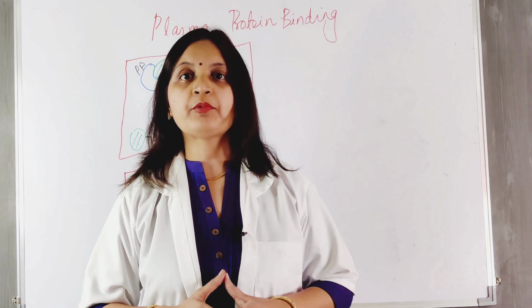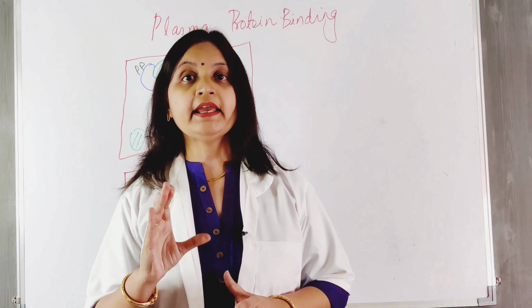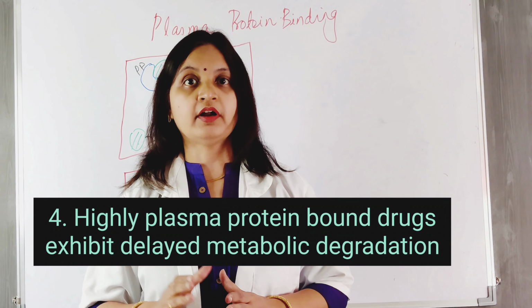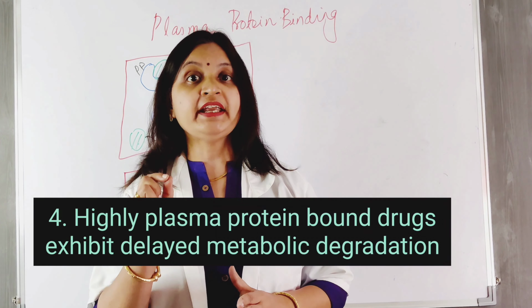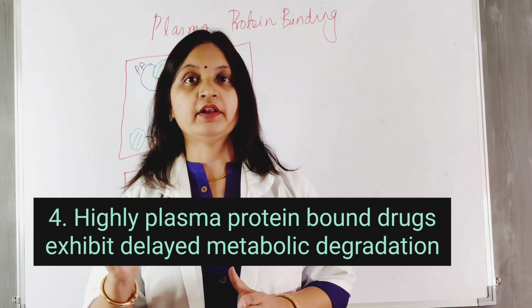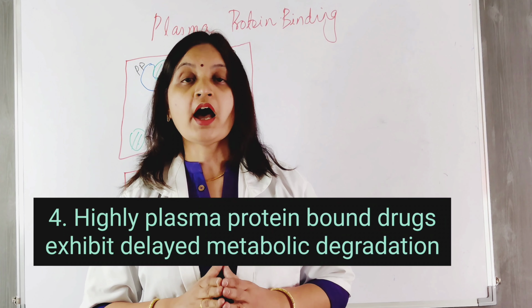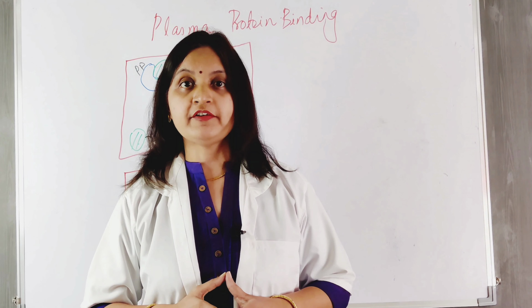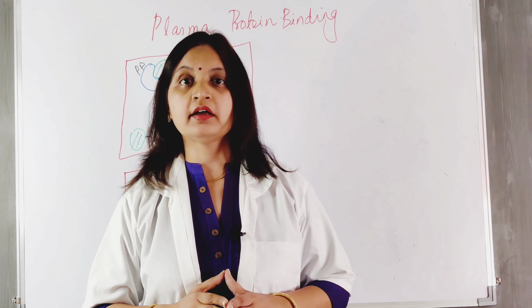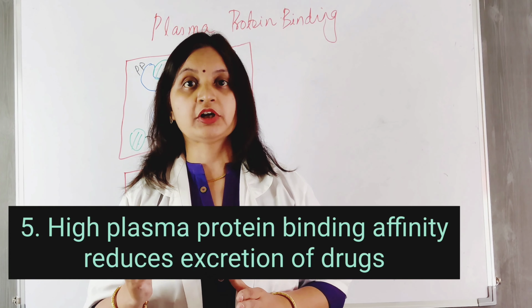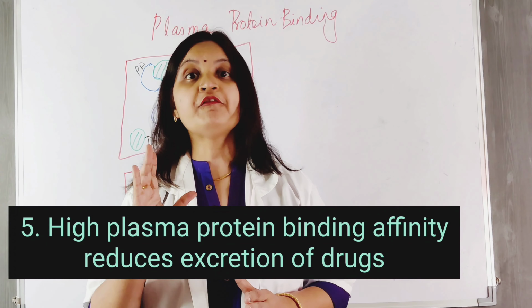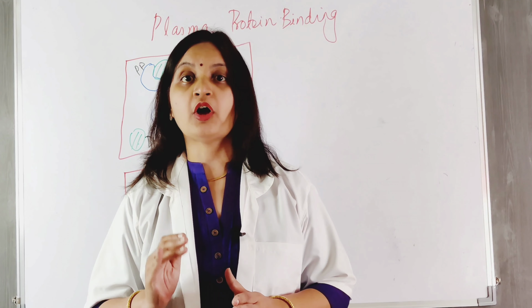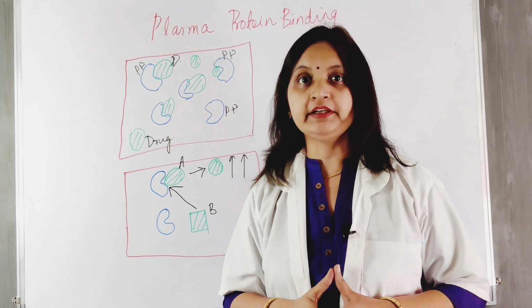Fourth, high plasma protein binding affinity delays the metabolic degradation of the drug. This is because only the free drug is available for metabolism. Lastly, high plasma protein binding affinity reduces the amount of drug available for filtration at the glomerulus, because only the free drug is filtered through the glomerulus and is easily excreted.